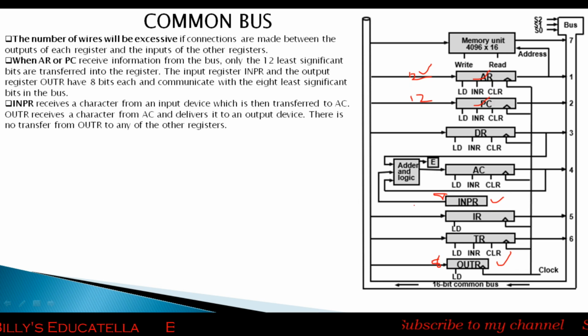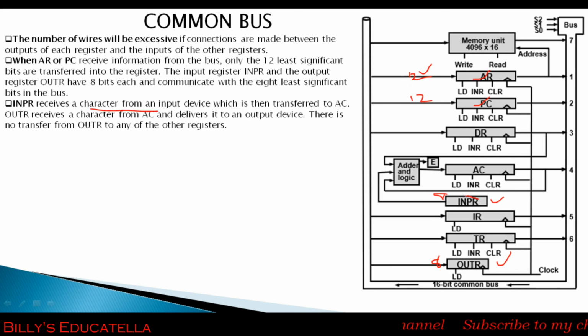The input register will transfer the 8 bits of data to the adder and logic circuit, at the least significant bits. Next, the input register receives a character from the input device, which is transferred to AC.